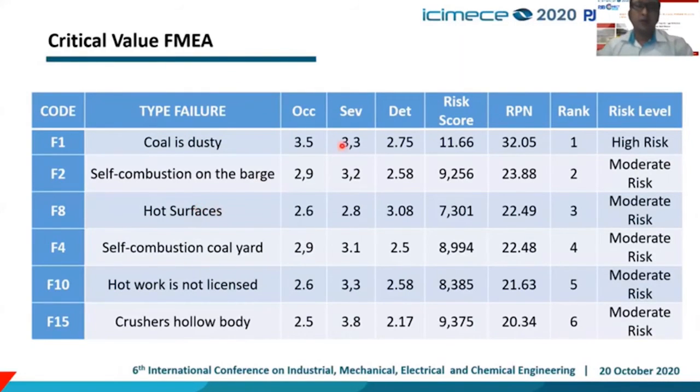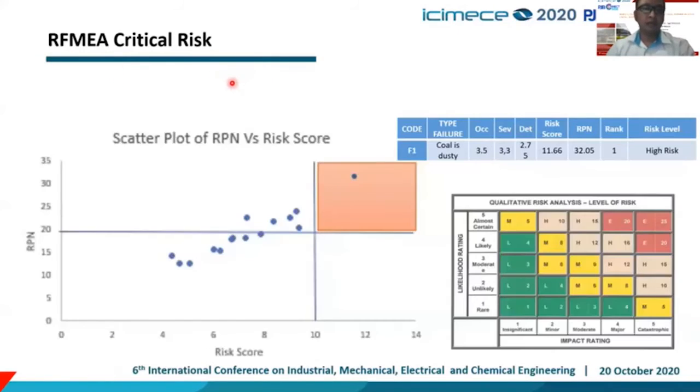After defining the FMEA critical value, we found 6 failures. Then we calculate with the RFMEA critical risk.